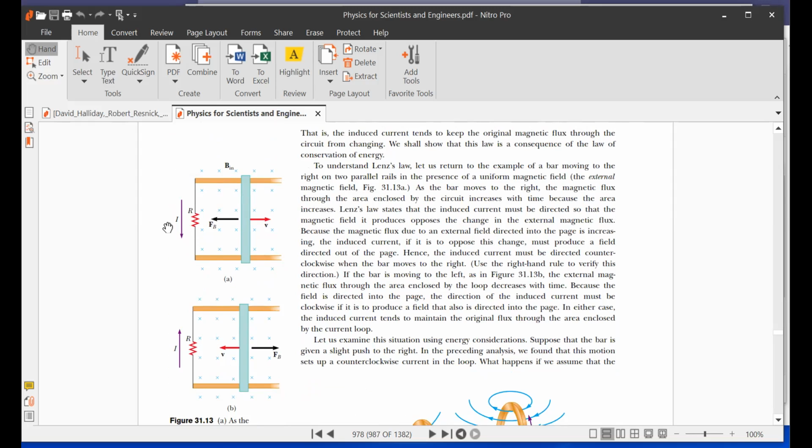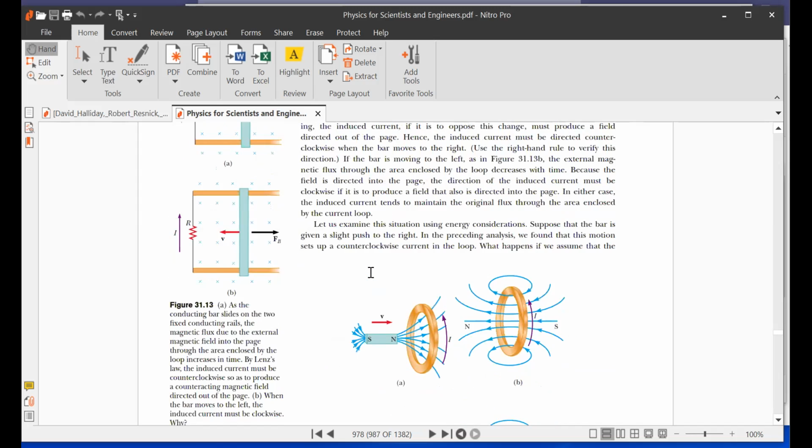Because the area swept by this rod becomes bigger than before. It is equivalent to a magnetic rod moving toward a coil, so the flux also increases.